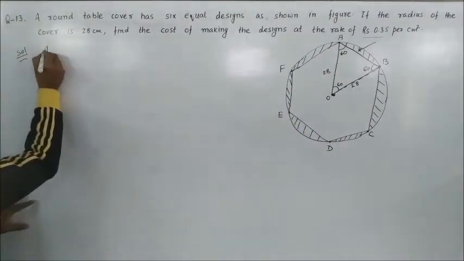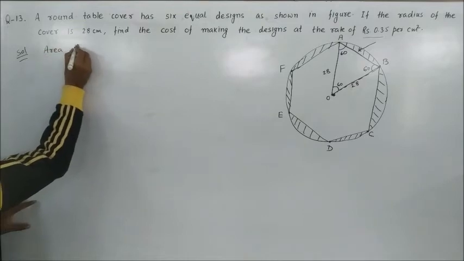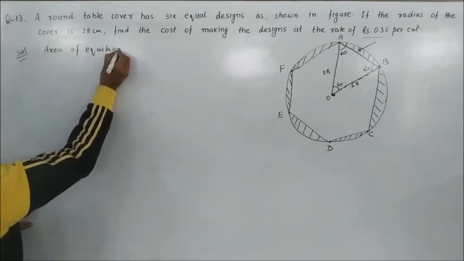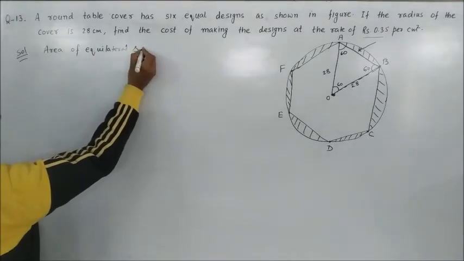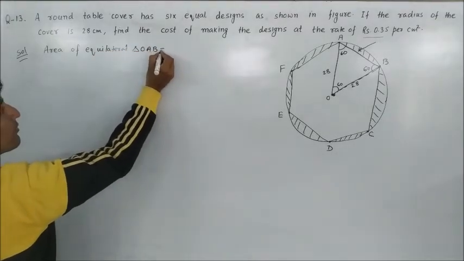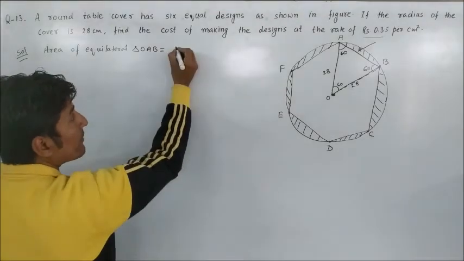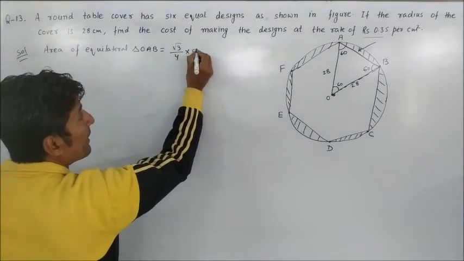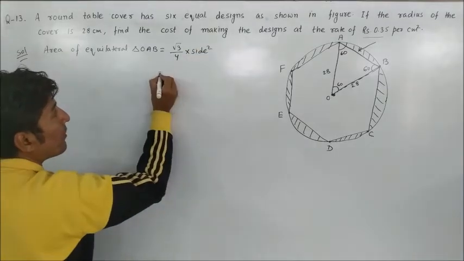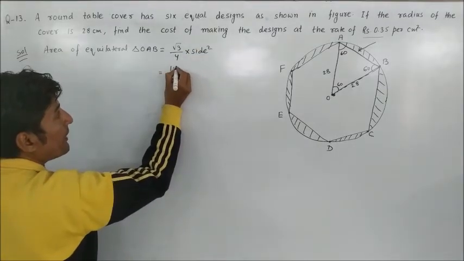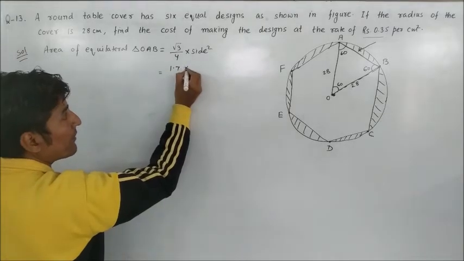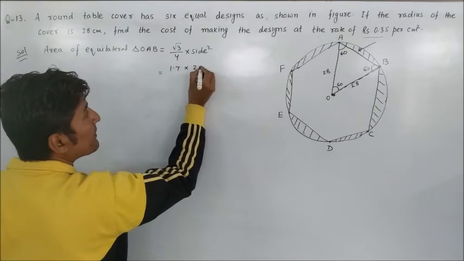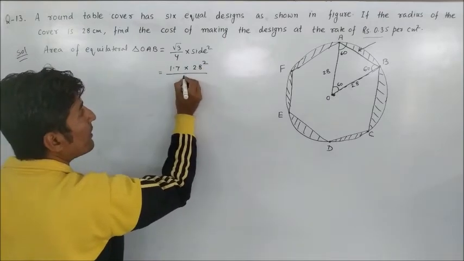Here we can write area of equilateral triangle OAB is equal to, as we know, root 3 upon 4 into side square. In place of root 3 we can write 1.732, but we can write 1.7 also. The side is given as 28 centimeter, whole square, upon 4.